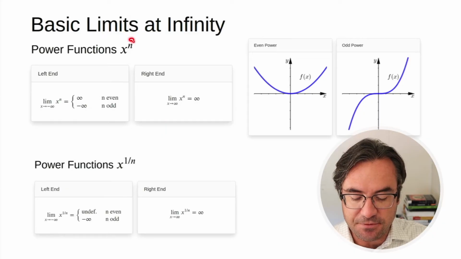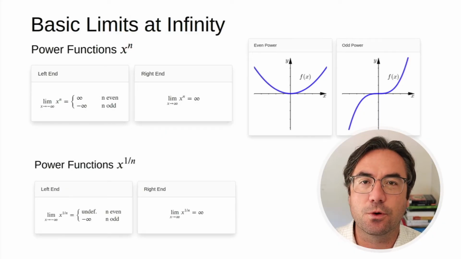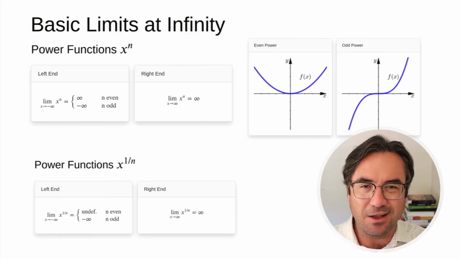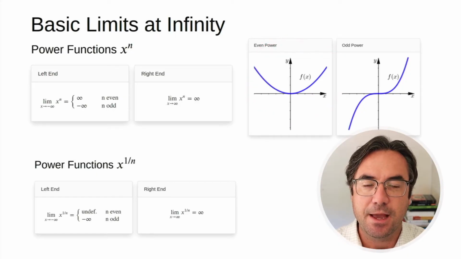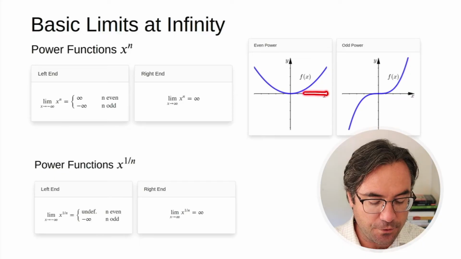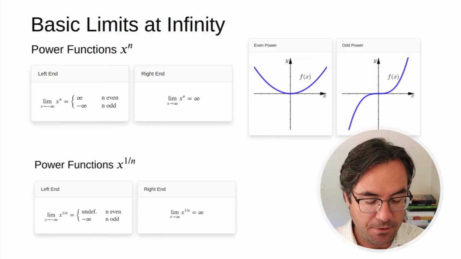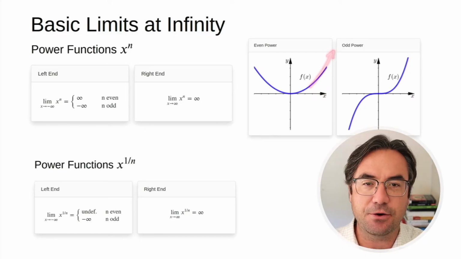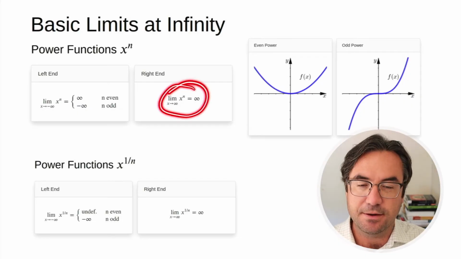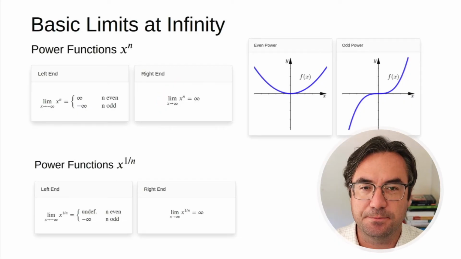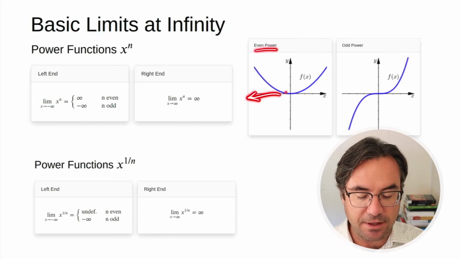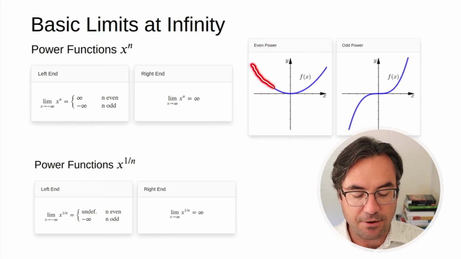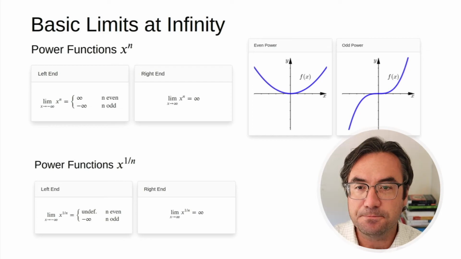So if this is an even number, like 2 or 4 or 6, all of those power functions have this kind of shape to them. And we see that as we move further and further to the right, the height of our function is getting higher and higher. So we say that it's equal to infinity. And for an even power, if we look at the left end behavior, it's getting higher and higher over there as well.